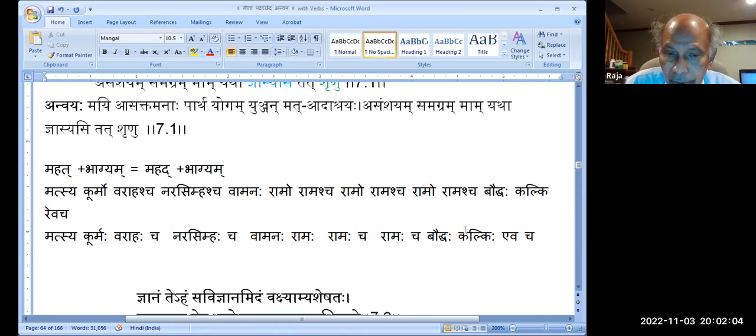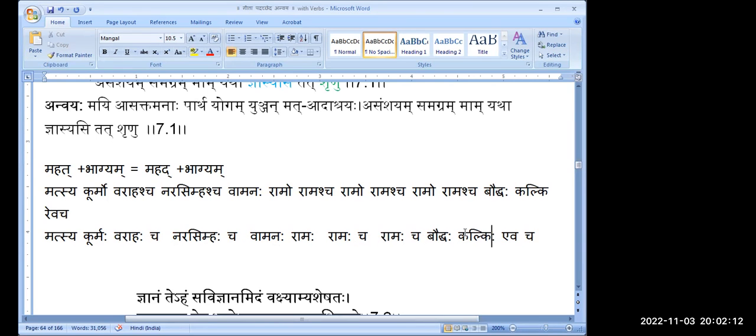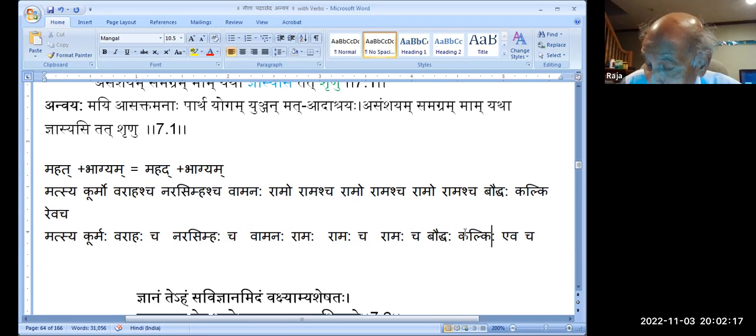That's why there is Bhargava Rama, Raghu Rama, Balarama, Buddha, and Kalki. People might ask, where is Krishna here? Krishna is not considered to be an avatara, according to some people. He is a Purna avatara. All these avatars never told anybody that they are gods.